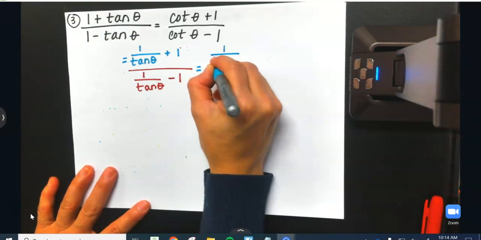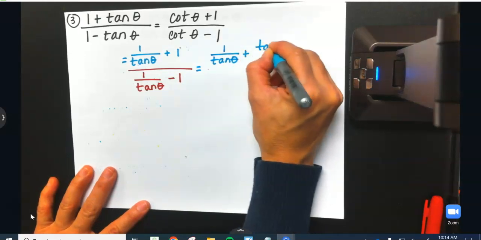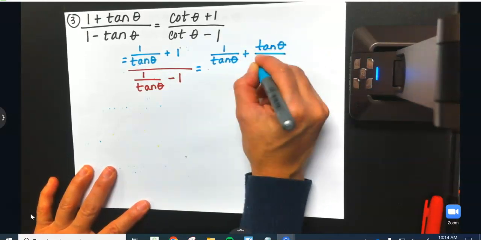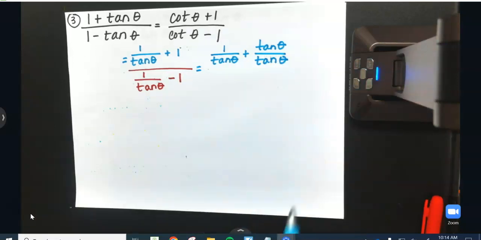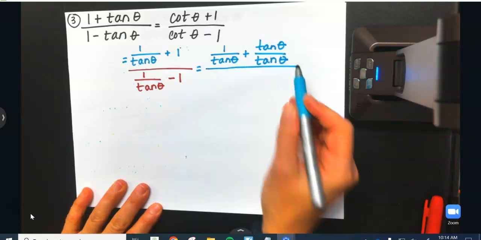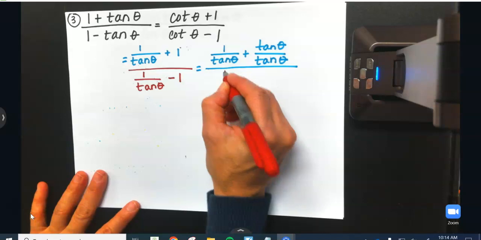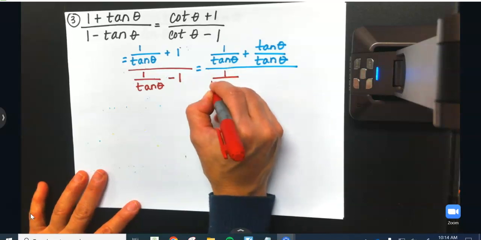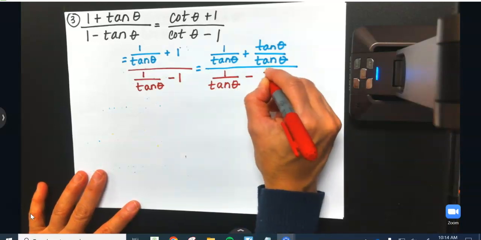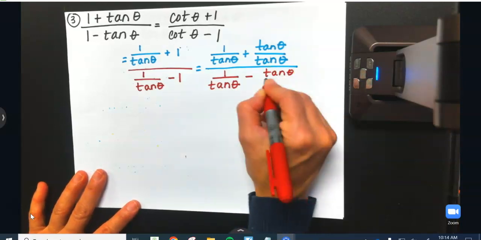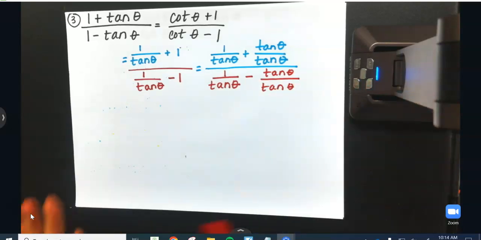Numerator is 1 over tan theta plus tan theta over tan theta. I'm pretty much going to do the same thing to the denominator. We're just going to have a minus sign there. So what did I do? I just wrote the whole number 1 different.